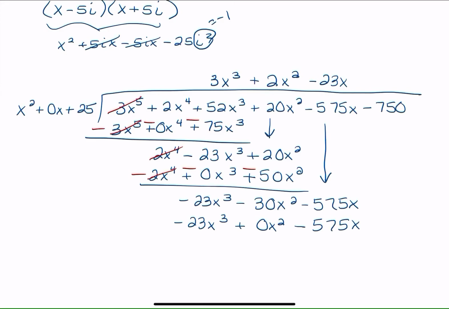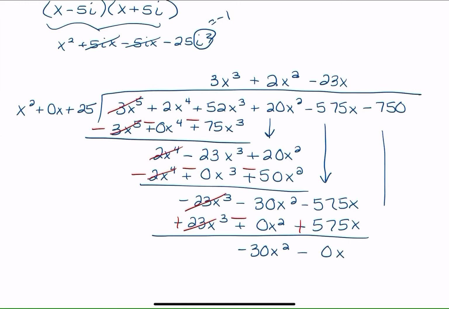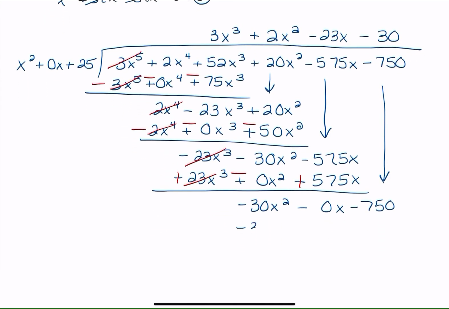So I have 575x, subtract again, and that leaves me with negative 30x squared minus 0x, and go ahead and put that in there for a placeholder, and then bring down the minus 750. So I need to multiply by a negative 30. And that'll give me a negative 30x squared plus 0x minus 750.